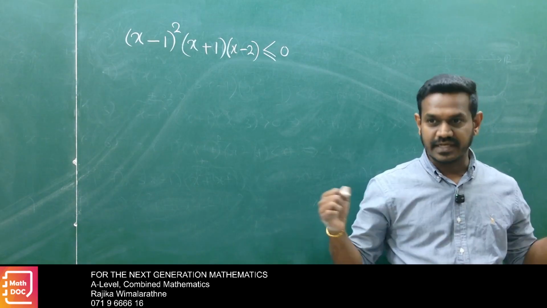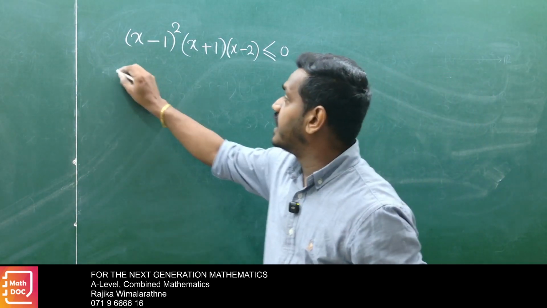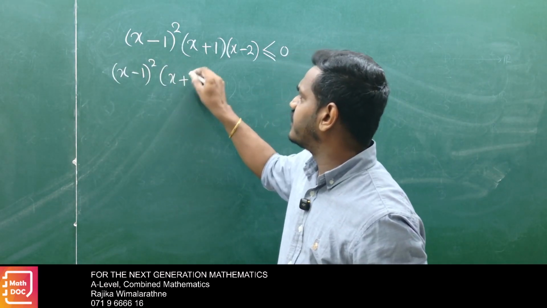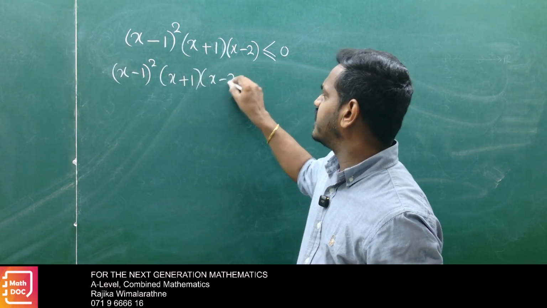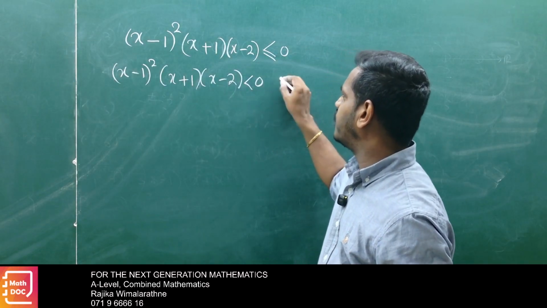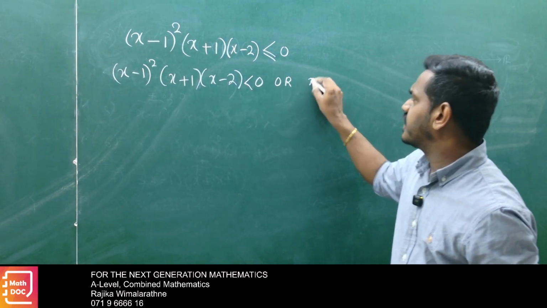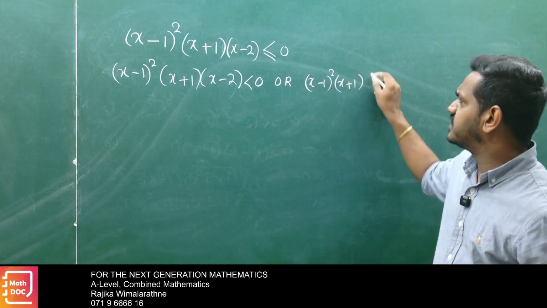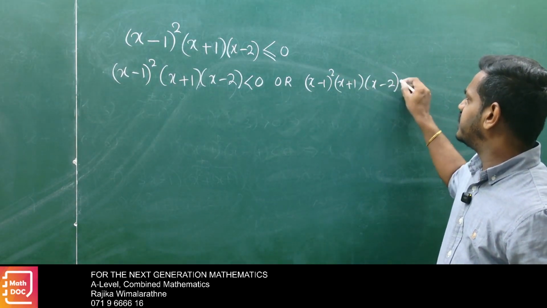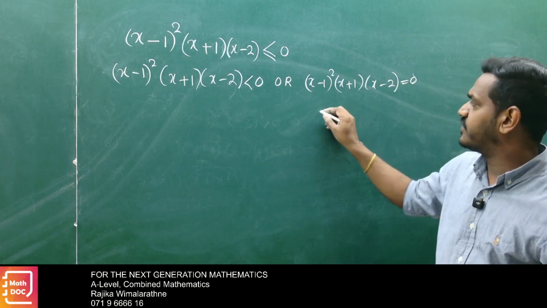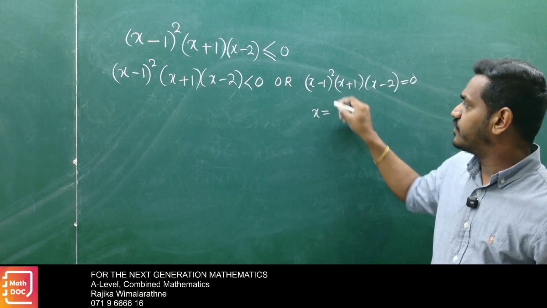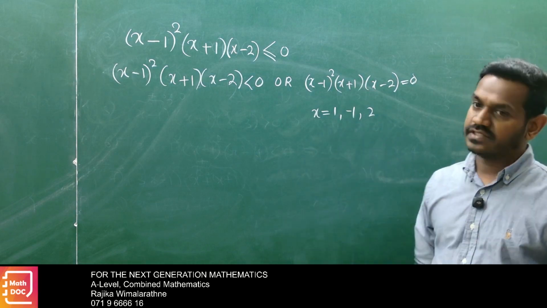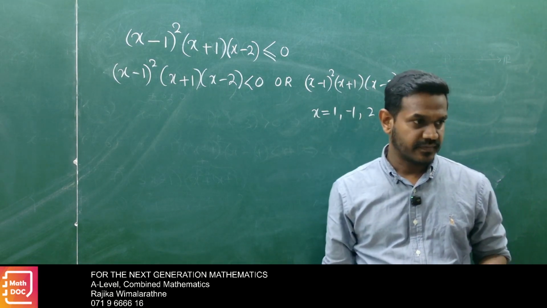Then it is better to split it: (x minus 1) squared (x plus 1)(x minus 2) less than 0, or (x minus 1) squared (x plus 1)(x minus 2) equals 0. Then for the equality the solutions are x equal 1, minus 1 and 2. No? We have 3 solutions for equality.